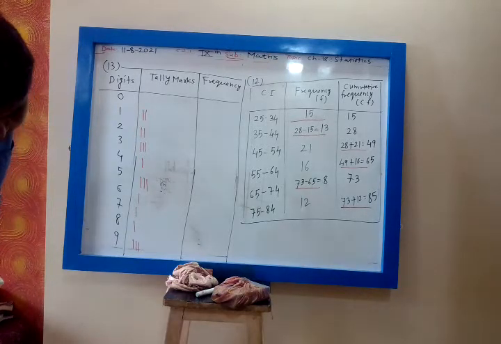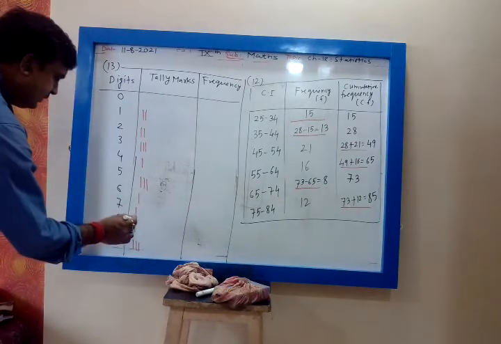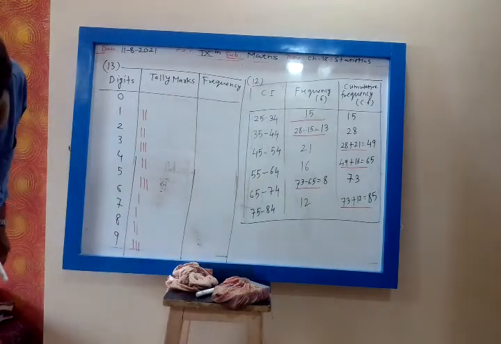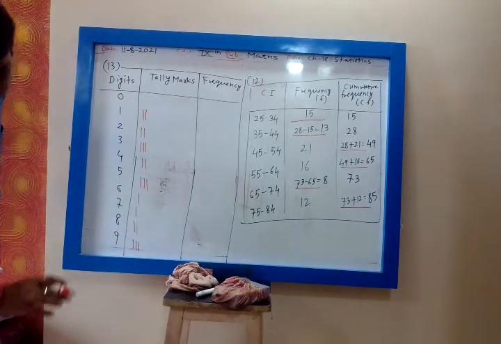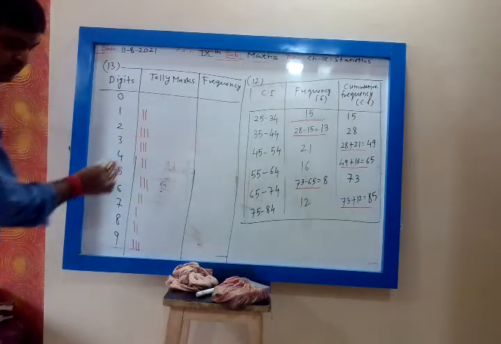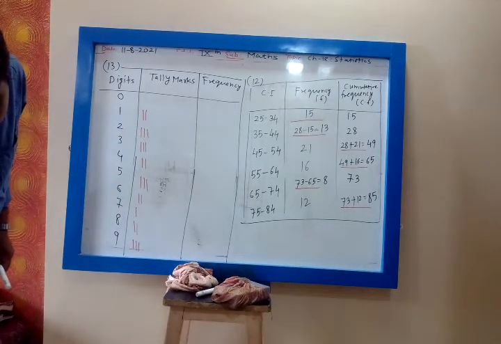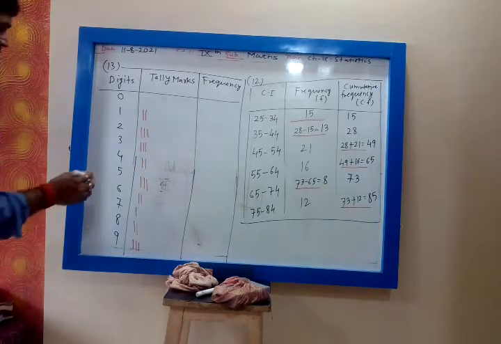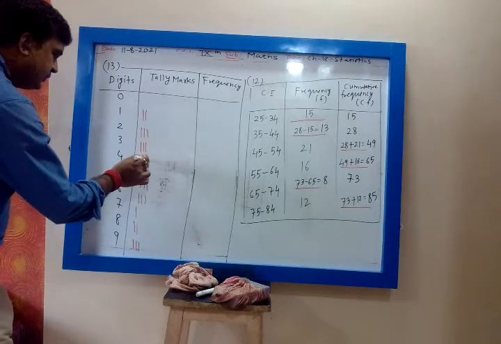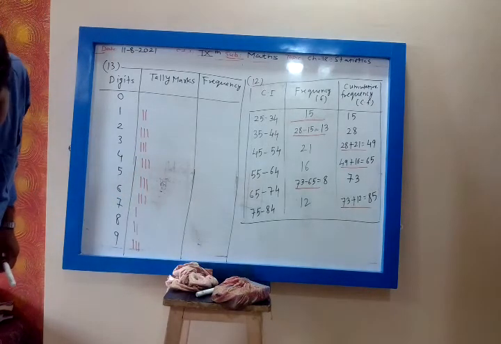Then 8, 4. Then 6, 2. Then 6, 4. You go on cancelling.